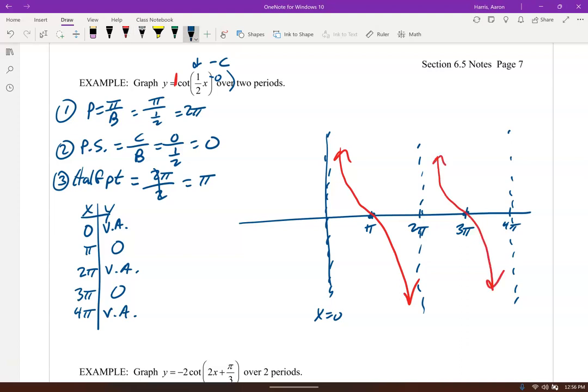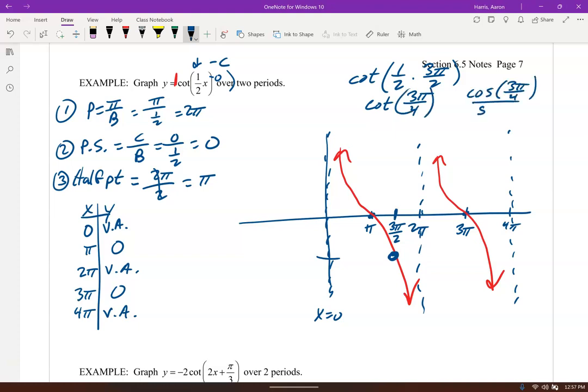A nice point to plug in would be right between pi and 2 pi, like 3 pi over 2, and you would get -1, right? Cotangent of 1/2 times 3 pi over 2. See how we got cotangent of 3 pi over 4. So that's cosine of 3 pi over 4 over sine of 3 pi over 4.